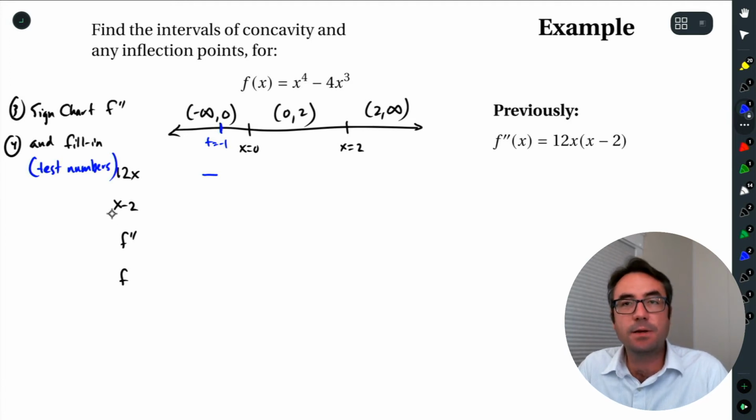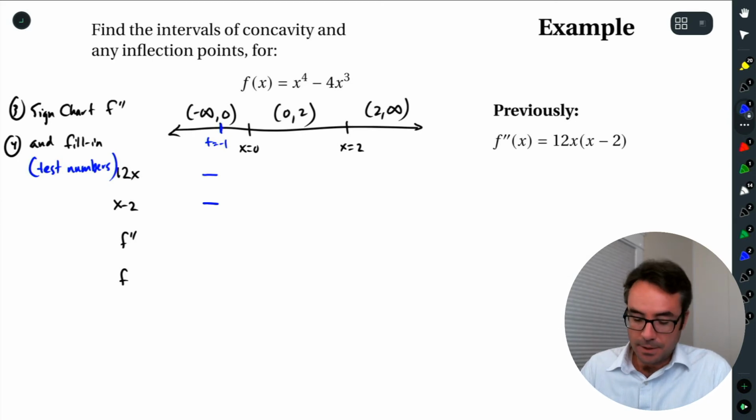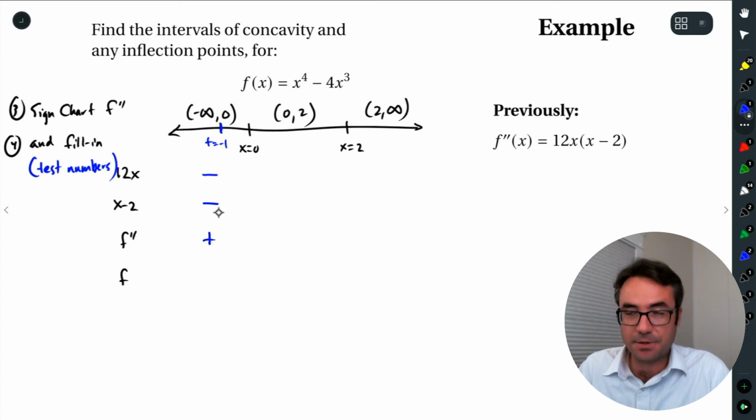Well, I get -1 minus 2. I get -3, which is also negative. All right, so on this interval from minus infinity to 0, I have a negative term times a negative term for my second derivative. And that's going to make it positive, a double negative.